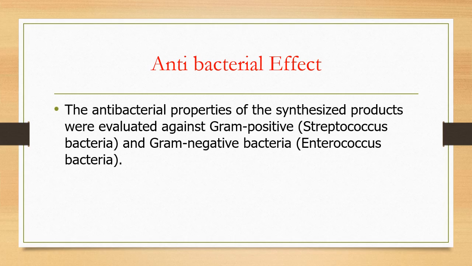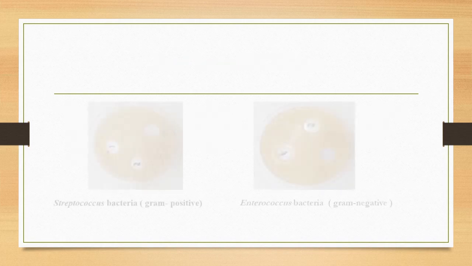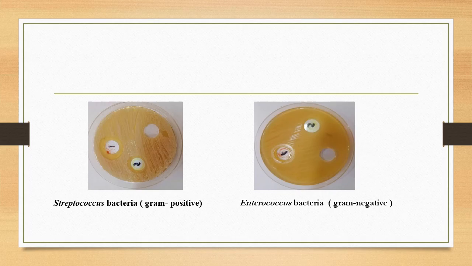We introduced our product to two microorganisms, one called Streptococcus bacteria, a gram-positive bacteria, and the other called Enterococcus bacteria, which is gram-negative bacteria. We have a product synthesized by an organic catalyst called piperidine, and another product synthesized by the nanoparticles.